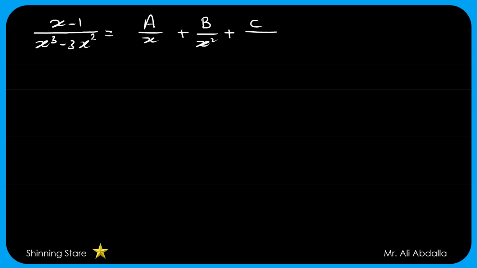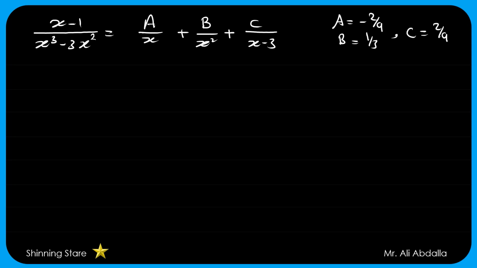Now we have x minus 1 over x cubed minus 3x squared equals a over x plus b over x squared plus c over x minus 3, with a equals negative 2 over 9, b equals 1/3 and c equals 2 over 9.